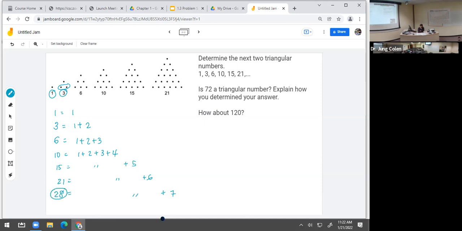That's the next number. How about the following number? I can add 8. So if you add 8 to 28, you will get 36, right? So these two are the next two triangular numbers. Okay?